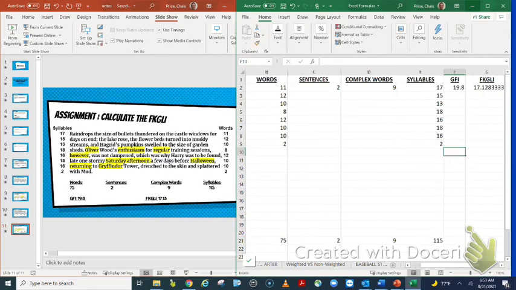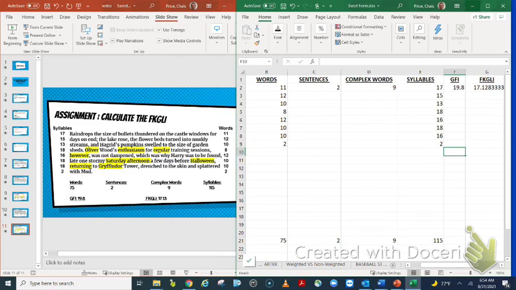And then here is my GFI and my FKGLI just by entering in the data. Obviously, you have to do a little bit of formulas in Excel to get that, but the GFI would be a 19.8 for this passage, and the FKGLI would be a 17.13.